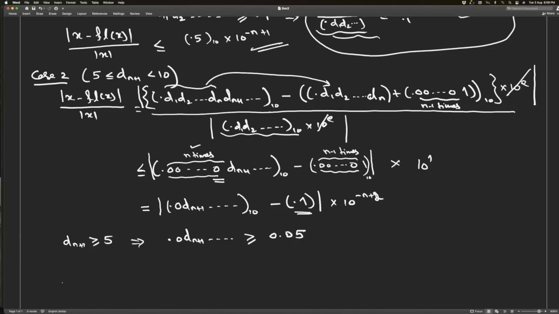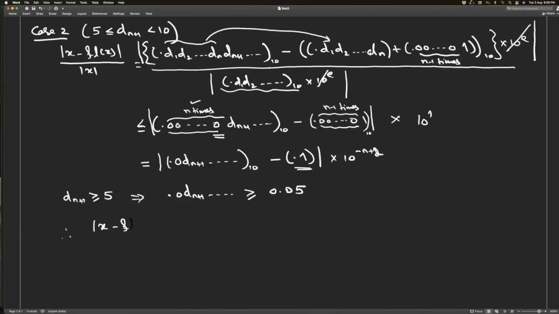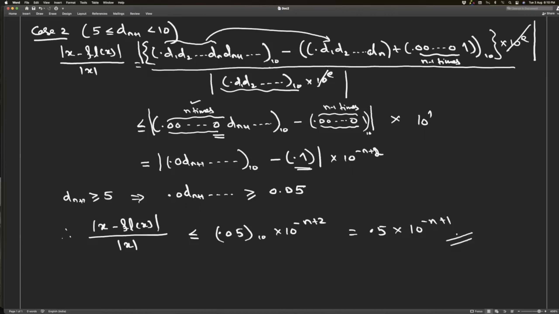Therefore, I will have |x minus fl(x)| divided by |x| will be less than or equal to 0.05 into 10 to the power of minus n plus 2, and that I can write as 0.5 into 10 to the power of minus n plus 1, right? So this is again what precisely we want to show.